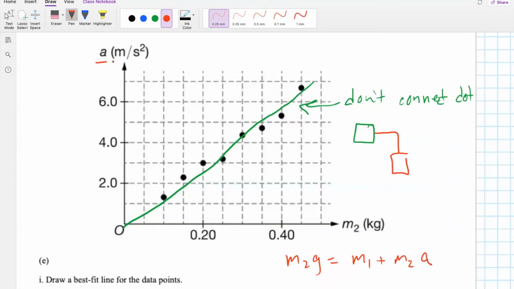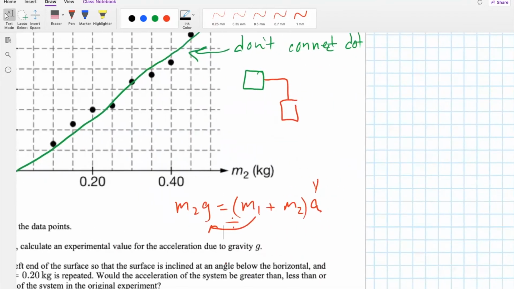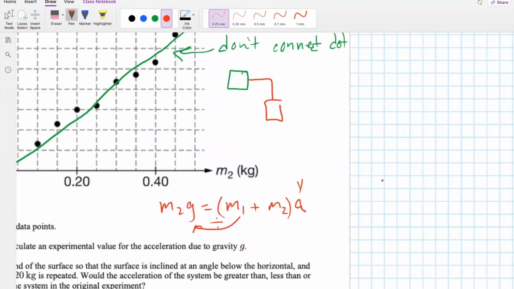And we're plotting the acceleration on the y-axis. Let's go ahead and move this term over through division. And we get that the acceleration A is going to be M2 divided by M1 plus M2 times G. And in this case, we are varying M2.